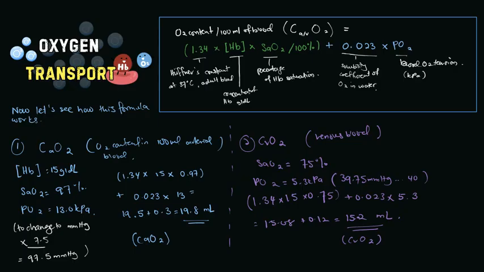This is the oxygen content inside venous blood. Here I want to highlight how greatly hemoglobin contributes to the overall oxygen content in the blood. You have 19.5 carried by hemoglobin compared to 0.3 dissolved in plasma.